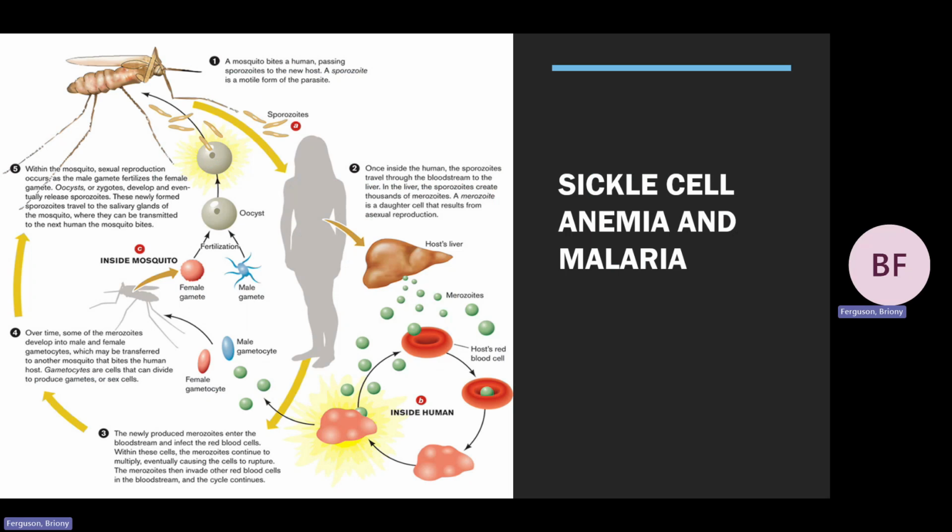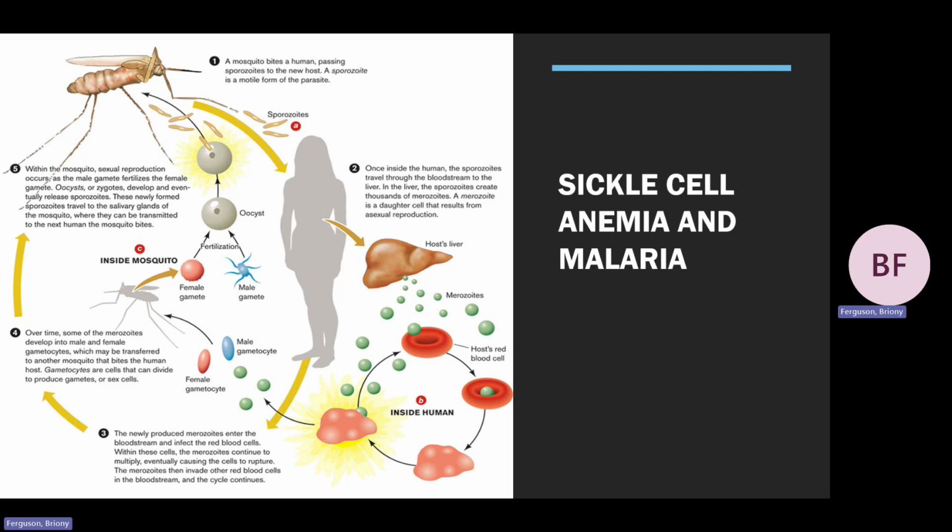Here you can see a little bit of a diagram about how sickle cell anemia works and how malaria actually spreads. So it is spread by mosquitoes. When they bite a human, they actually pass these little sporozoites to the host. Essentially, malaria is caused by parasites that mosquitoes carry.